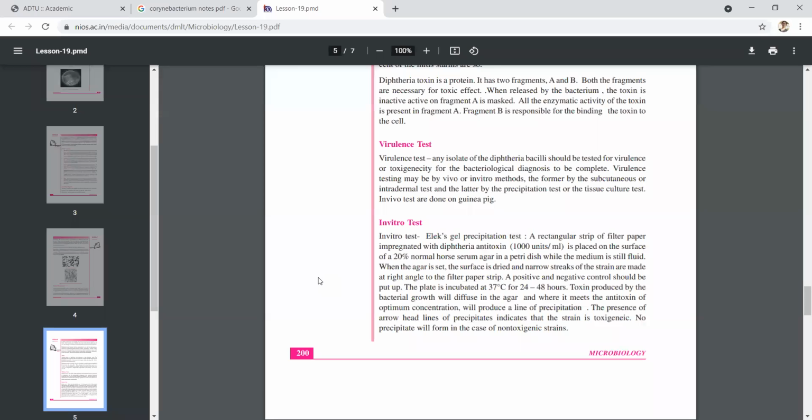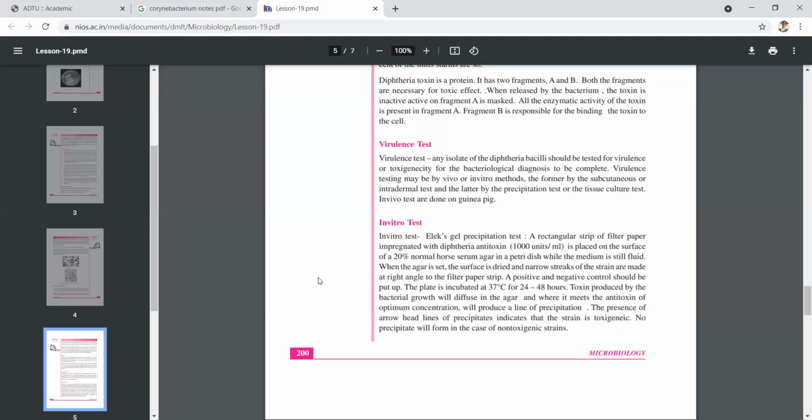Now, when the agar is set, the surface is dried and narrow streaks of the strain are made at right angles to the filter paper strip. Then a positive and negative control is also put up on it. The plate is incubated at 37 degrees Celsius for 24 to 48 hours. The toxin produced by the bacterial growth will diffuse in the agar, that is, spread in the agar.